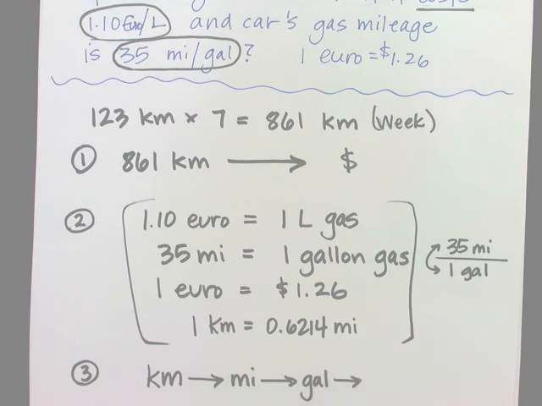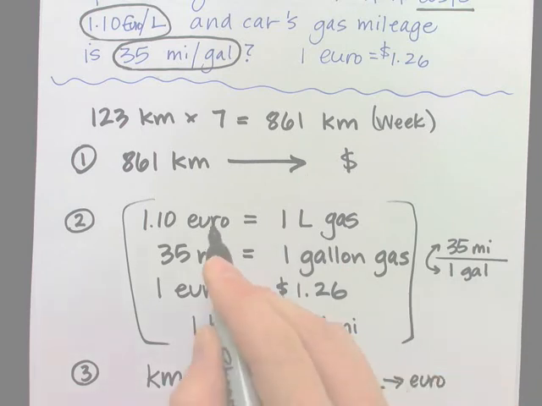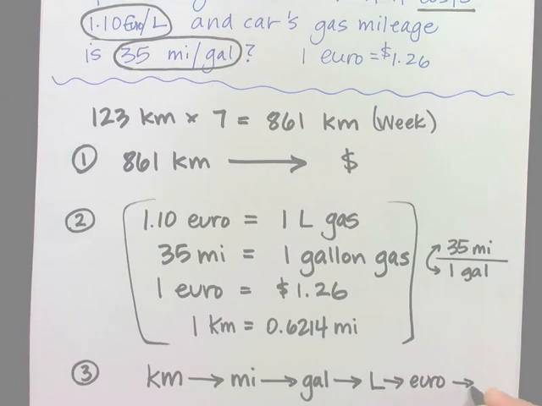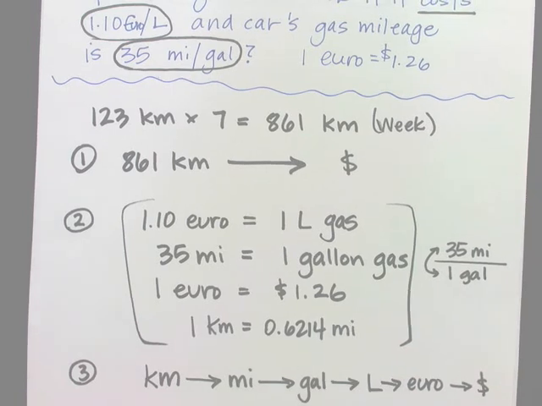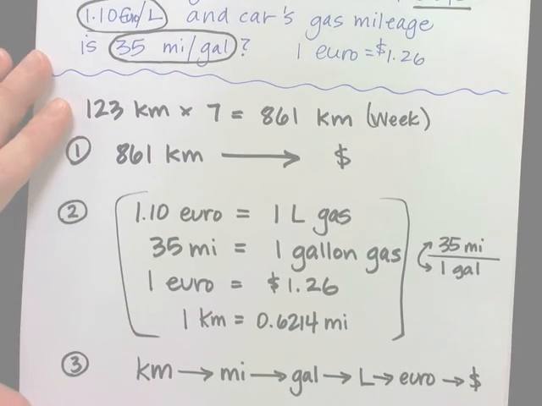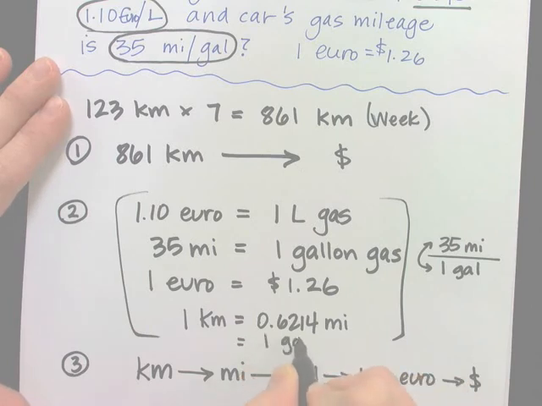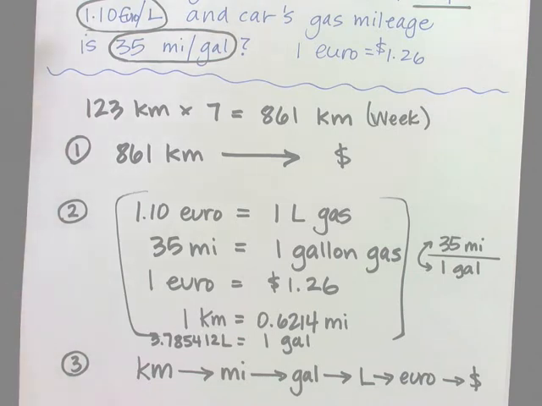Gallons, I really need to know how those are related to liters. And then I can convert liters to euros and euros to dollars. Okay, so I'm actually needing one more equality that I'm going to have to find. Probably in the inside cover of the textbook you'll find this one, and that is that 1 gallon is equivalent to 3.78512 liters.